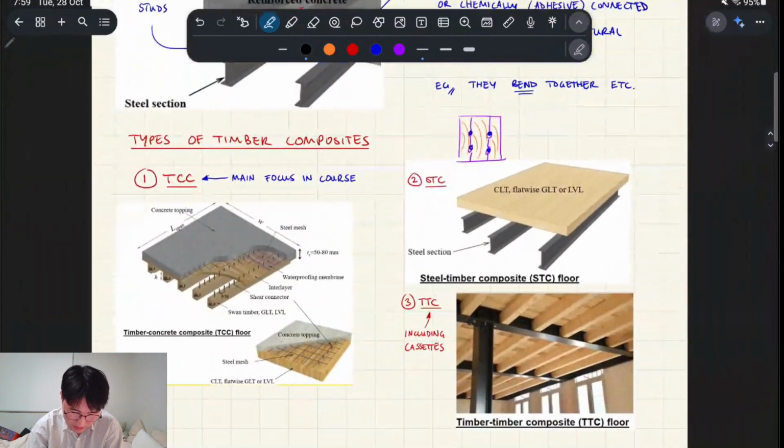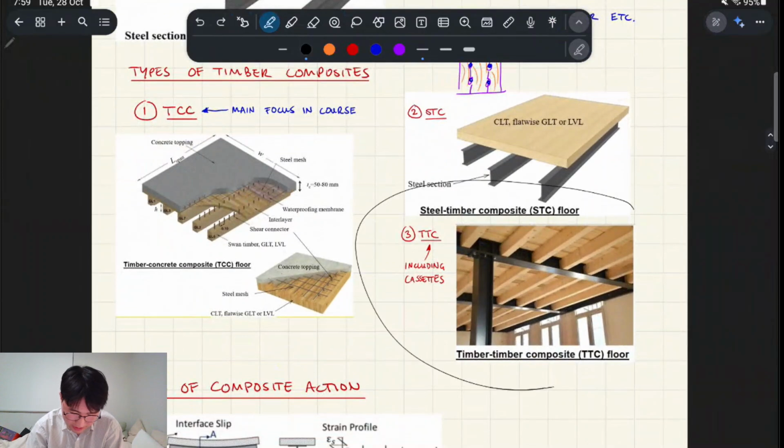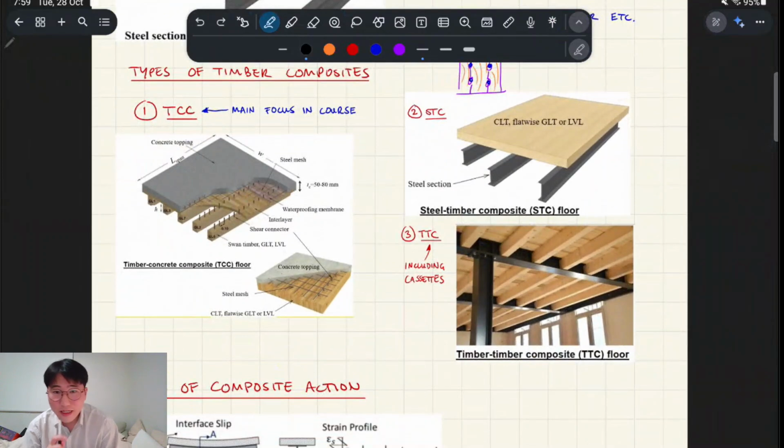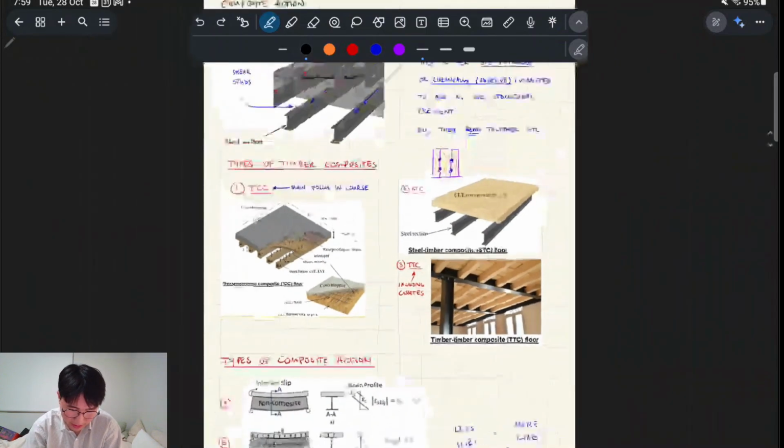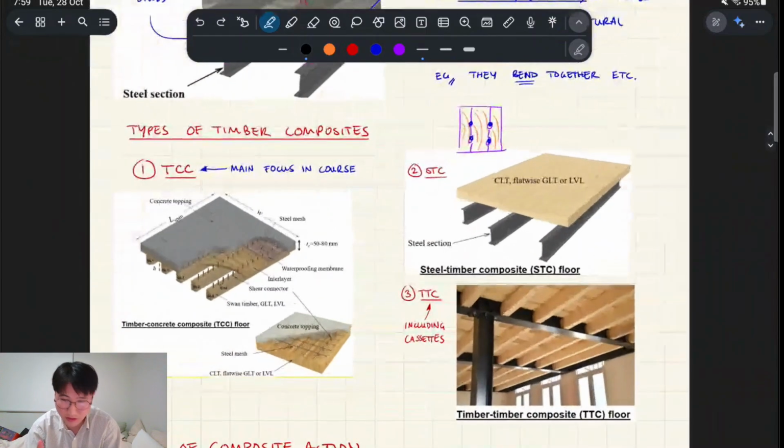But in terms of floors, we're talking about these ones. In TCC, if you look this up on Google, they think you're talking about TCC, but how I read it is TCCs are when you combine timber products with other timber products.